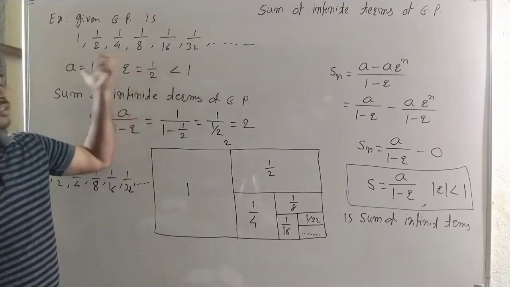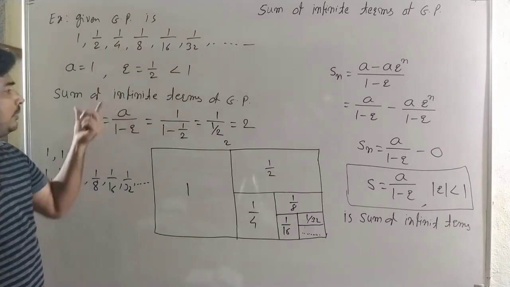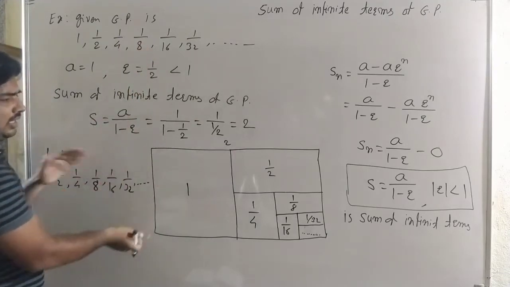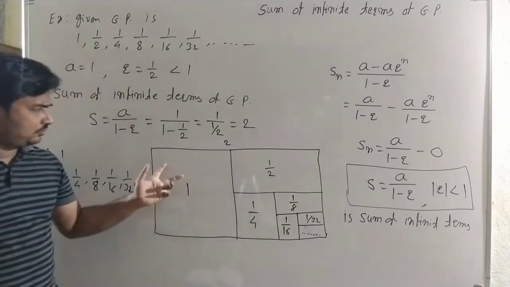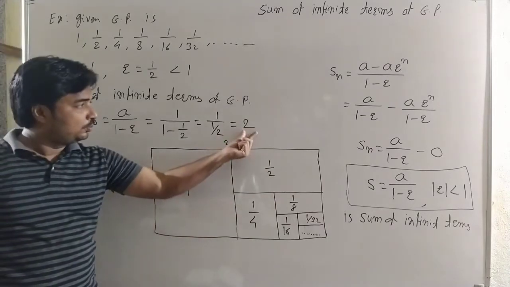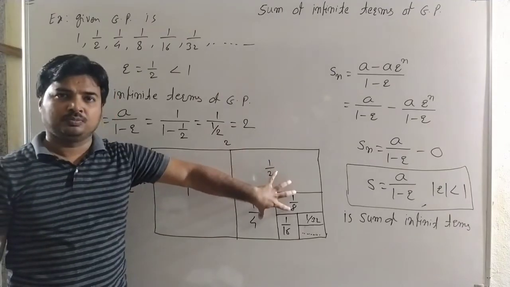This sequence is a decreasing sequence and a geometric progression, so the sum of the infinite terms exists, and it is 2. Here is the geometrical calculation. We take a rectangle of area 2, then take two parts, 1 and 1.